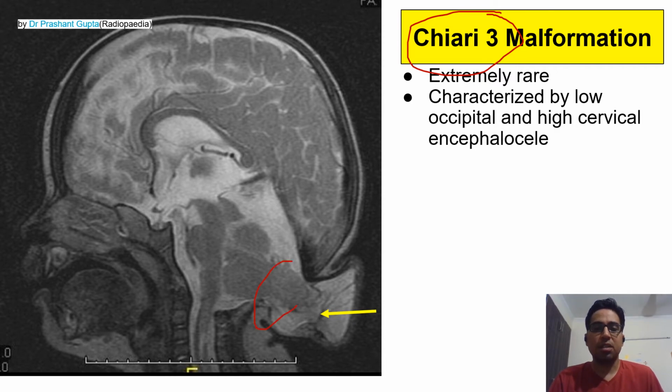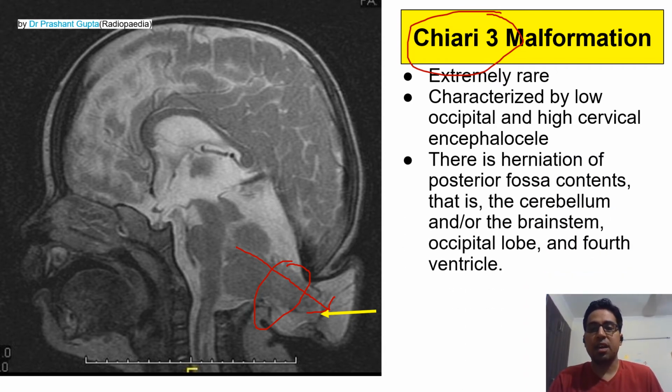So you can see this is an encephalocele in this particular MRI. There is a defect in the occipital region from where the contents of the posterior fossa are getting herniated. Classically, we see herniation of the cerebellum, brainstem, occipital lobe, and the fourth ventricle.